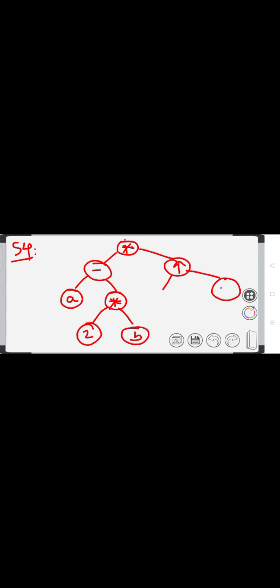So we are having subtraction, here we are having the multiplication operator, then 2, here we are having x. Okay, so this is our expression tree.